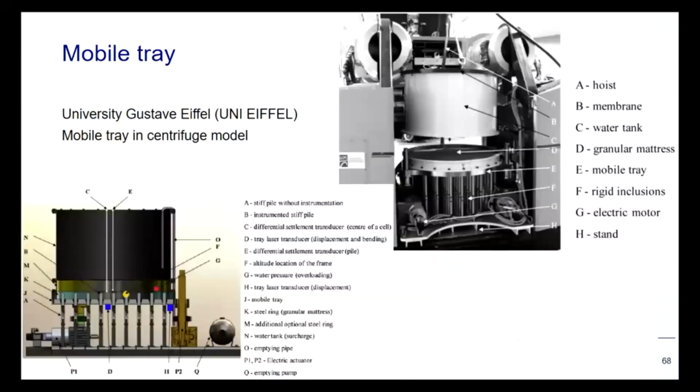Then a very nice test setup of Luc Thorel in France, a moving tray for the centrifuge. A lot of piles go through this plate, and the plate can be lowered slowly. So this models the disappearing soil. Many publications, a lot of research, very nice.